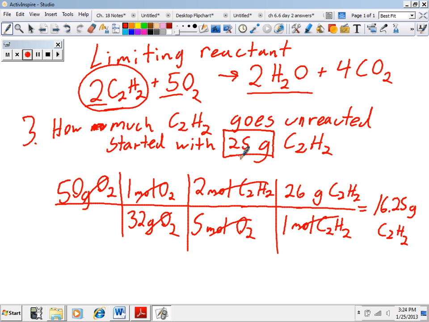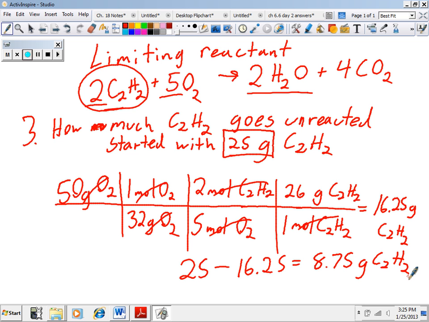So how much is left? Simple subtraction. Start with what you had, 25 at the start. Whatever reacted with the O2 is gone now, so minus 16.25, and we end up with 8.75 grams of C2H2 left over, unreacted, excess.